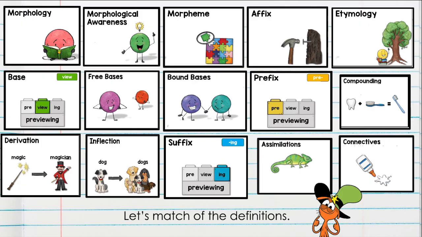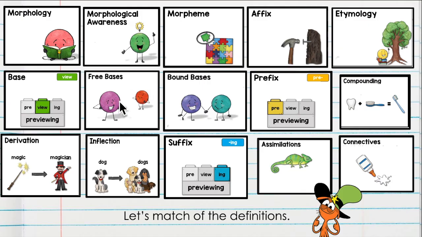They function slightly differently. A base is the core of the word. In an Anglo-Saxon word, the base is going to hold the main chunk of meaning. It can stand alone, but if it's bound, it's a root. So there's a little bit of difference there. A bound base is a base that cannot function by itself.